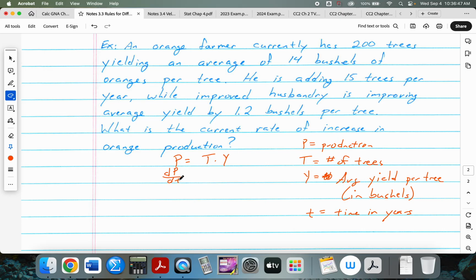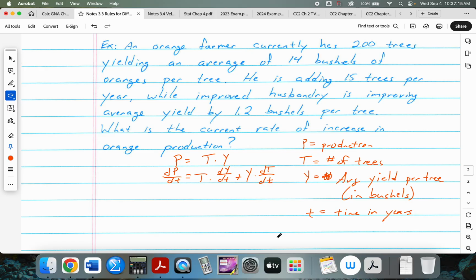So the rate of change in orange production, dP dt, is going to be capital T times dY dt, plus capital Y times dT dt.